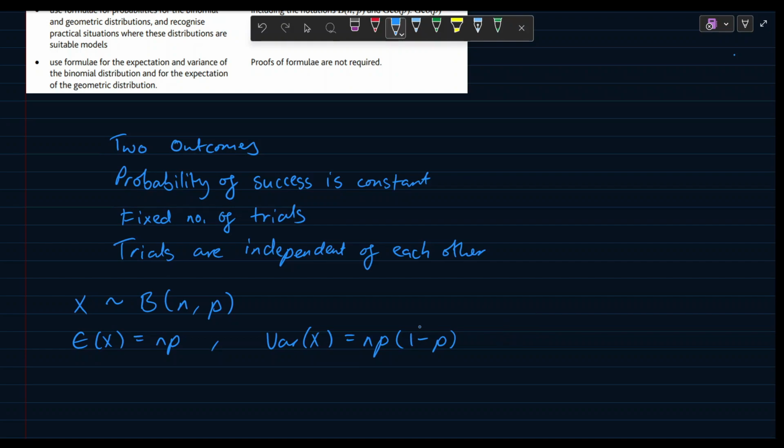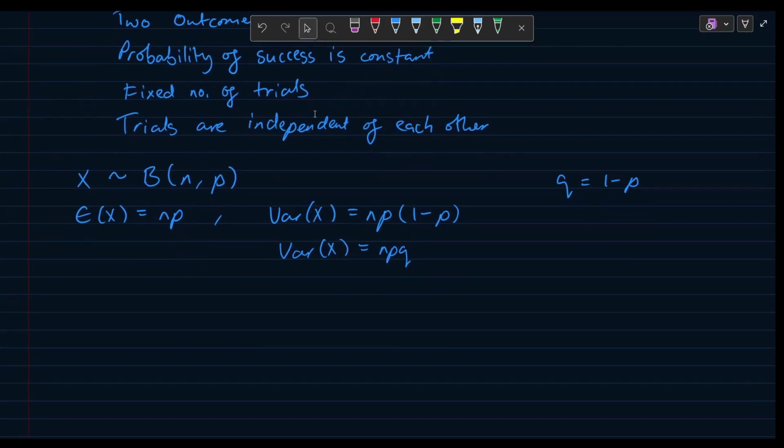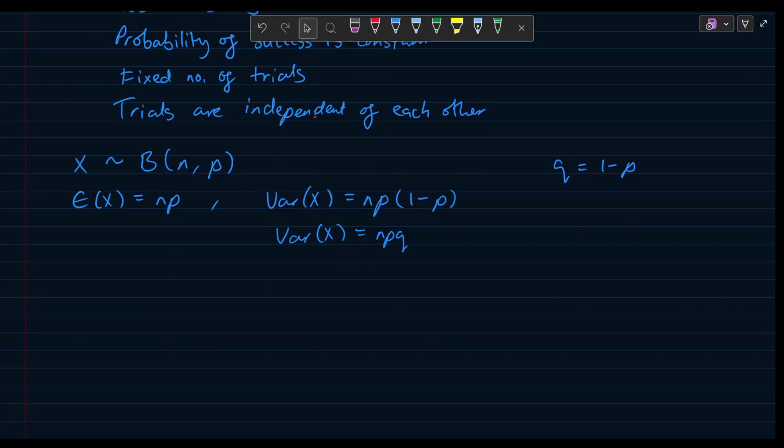And in some literature you may see 1 minus p being written as q. So this formula might appear as var of x is equal to npq.